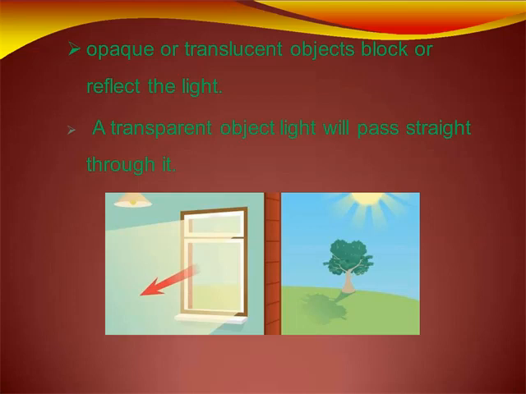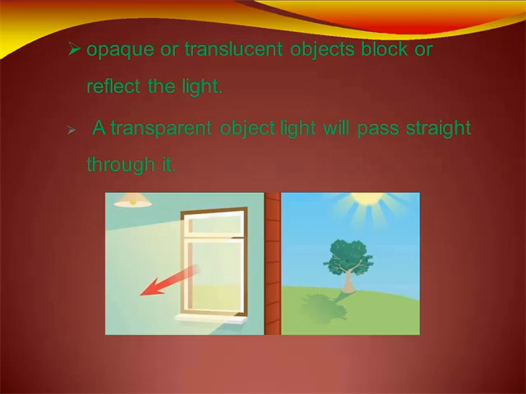That means it pierces the transparent object and you can see the light. Just see here in the example, a window. It is made up of glass, so it is a transparent object, so we can say that light easily passes through the windows.